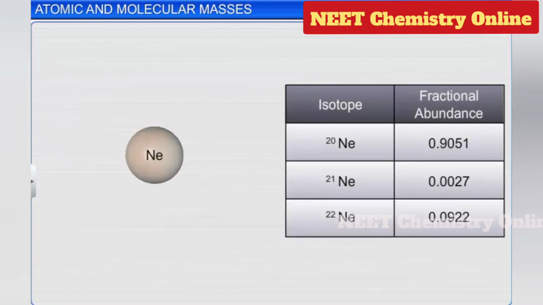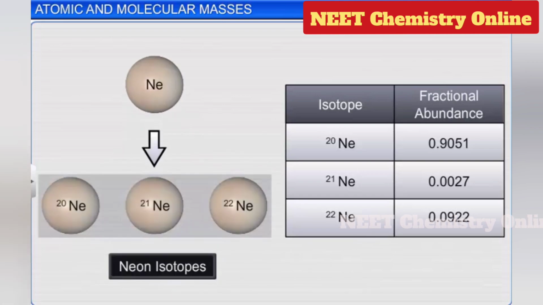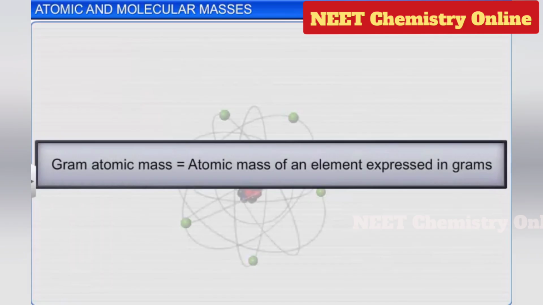For example, neon consists of 3 isotopes: neon-20, neon-21 and neon-22, which have mass numbers and fractional abundances as shown in the table. The average atomic mass of neon will be calculated as 20.179 U. When the atomic mass of an element is expressed in grams, it is called gram atomic mass.